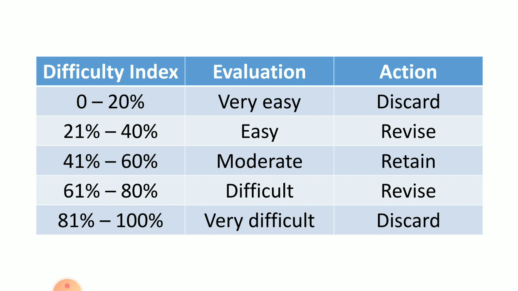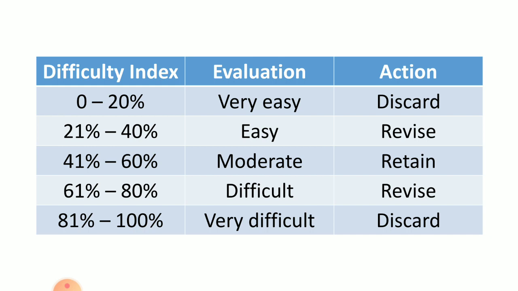We have here a table which shows the scale for difficulty index. So we have the difficulty index, evaluation, and the action. If the computed difficulty index is from 0 to 20%, that is very easy. Therefore, we will discard the item. If it is 21% to 40%, that is easy.